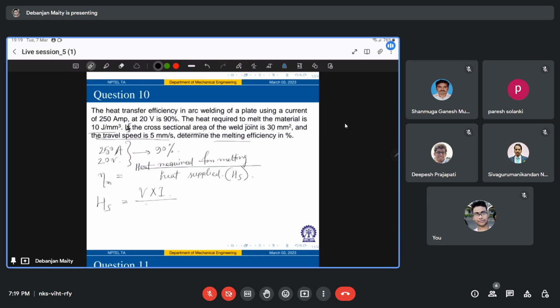So this will be, is it right or wrong? You have your heat transfer efficiency as 90%.